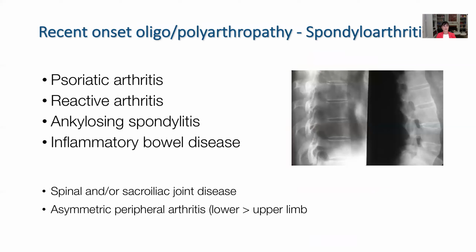Another cause of a recent onset oligopolyarthritis, which may also have a more chronic presentation, is spondyloarthritis. The 4 main groups are psoriatic, reactive arthritis, ankylosing spondylitis, and that associated with inflammatory bowel disease. And these are generally characterized by a spinal and/or sacroiliac joint, that is axial joint involvement. And you can see here some changes characteristic of ankylosing spondylitis.